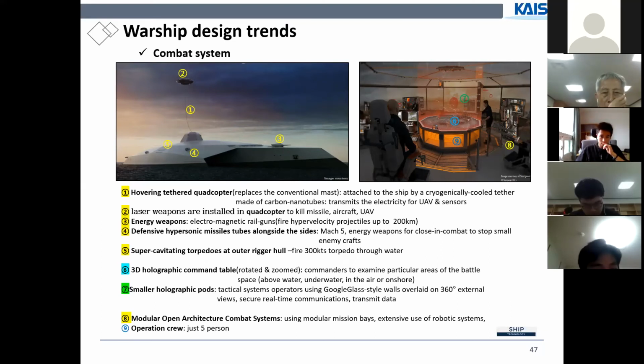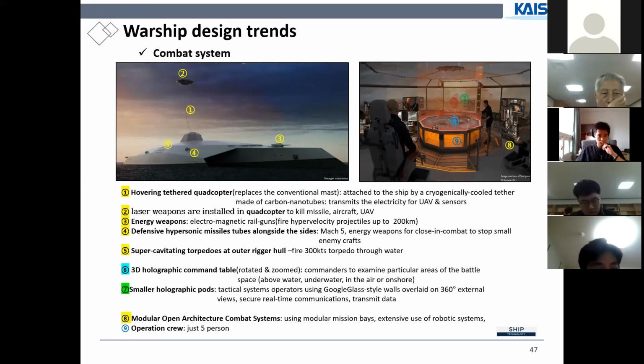Because there is a very high energy laser weapon inside there. The higher the helicopters, the longer the range and the easier to engage the many close and long distance missiles or UAVs and things like that.